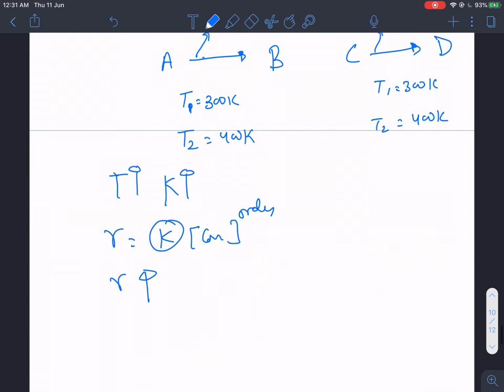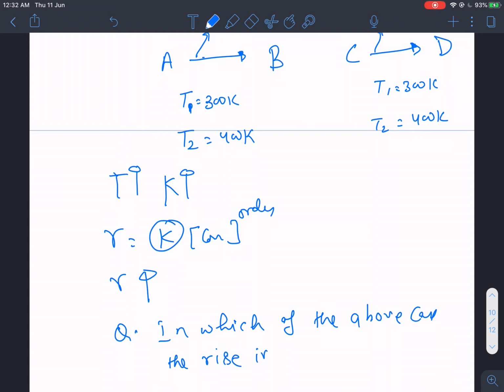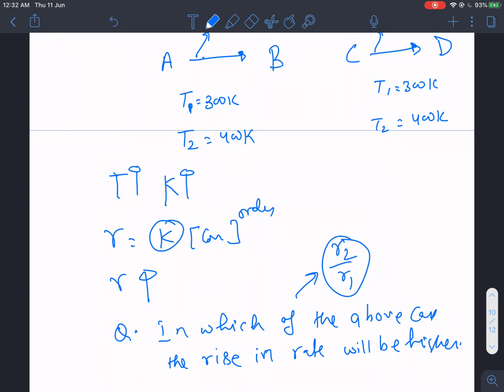My question here is, in which of the above cases will the rise in rate be higher? I am basically interested in, can you tell me in which particular case the R2 by R1 value will be higher.